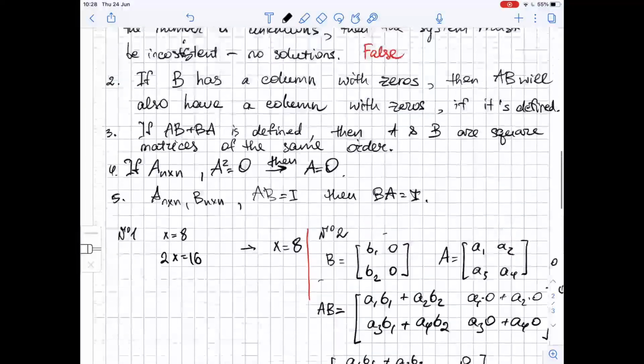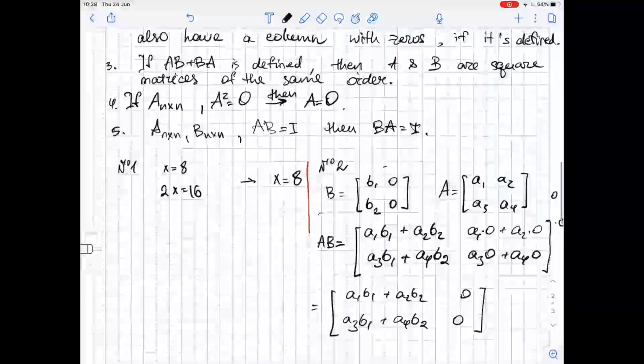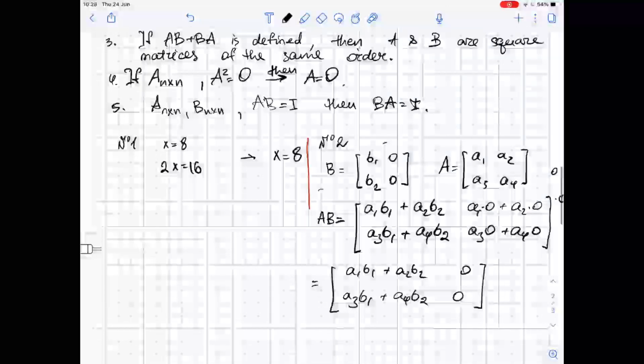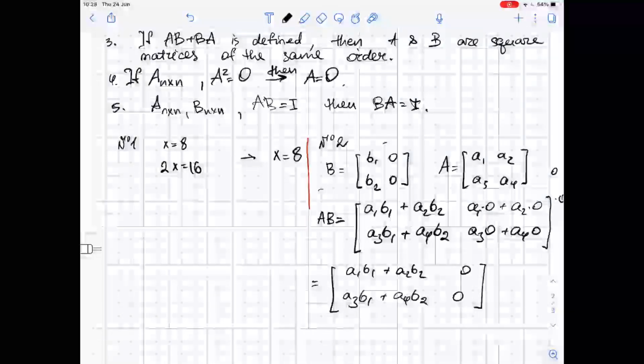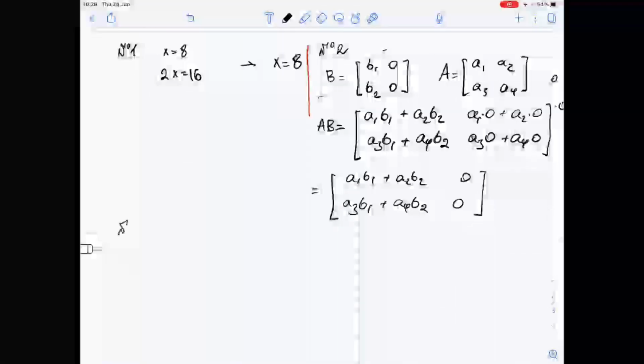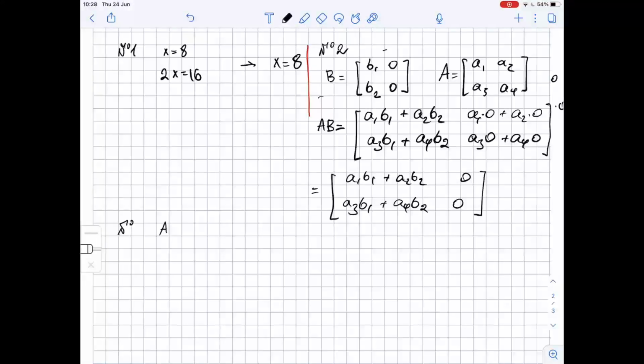Okay, now let's move on to statement number 3. If AB plus BA is defined, then A and B are square matrices of the same order. So here what you need to remember is that when we find the product of matrices, the number of columns in the first matrix needs to be equal to the number of rows in the second matrix.